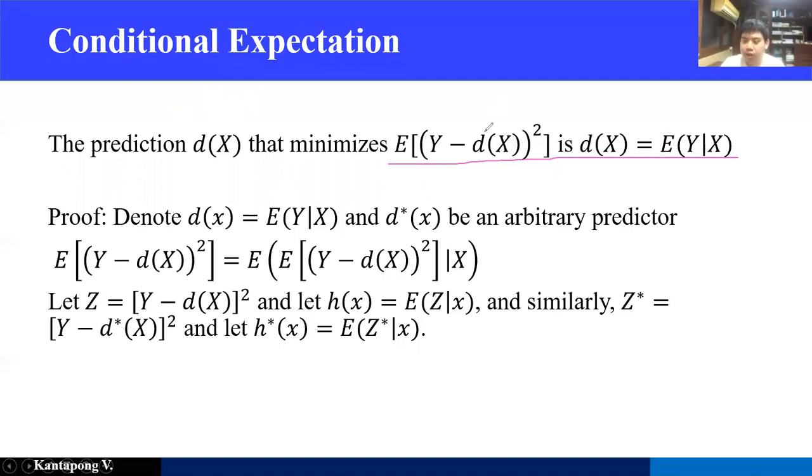That is, we want to find the predictor of y given x that minimizes the MSE. Rather than the mean, we have the conditional mean. So how to prove this? We have to define d star of x, an arbitrary predictor.